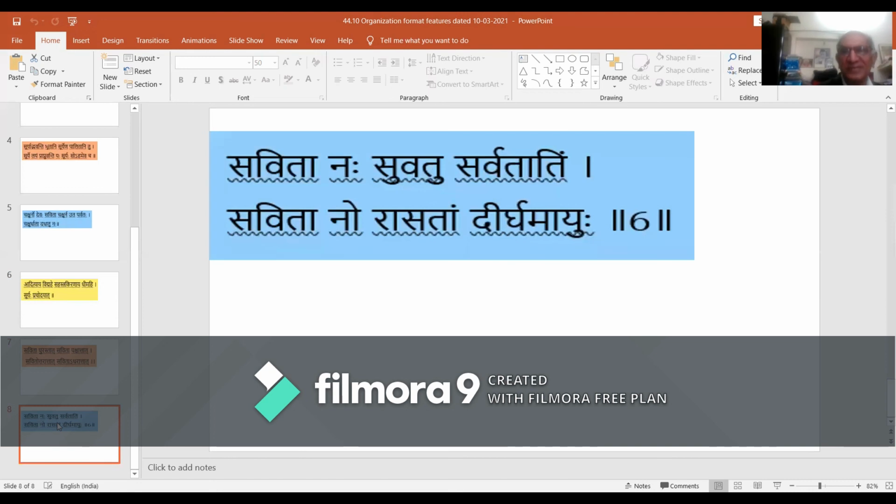It is this grace of this Savita God which is to be respected. One is to salute, one is to respect, one is to bow before this grace of Surya.